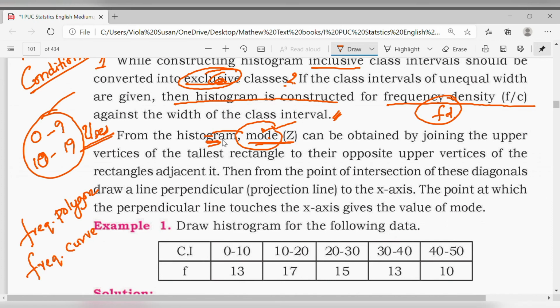These two things we can do with the help of a histogram. Is that clear, students? So from the histogram, number one, we can plot mode. Number two, we can also plot the frequency polygon and frequency curve. Without a histogram they can also be plotted, students, but with the help of a histogram, it will be very easy to plot them.